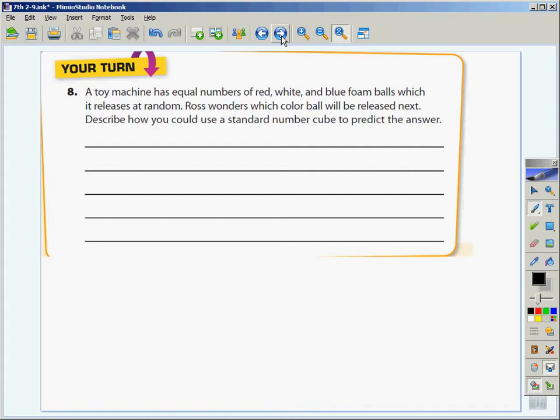So what you'd have to do is let a pair of numbers, maybe 1 and 2, represent what color? Red. And then you'd represent 3 and 4 maybe would be what? White. And then you'd let 5 and 6 represent blue.